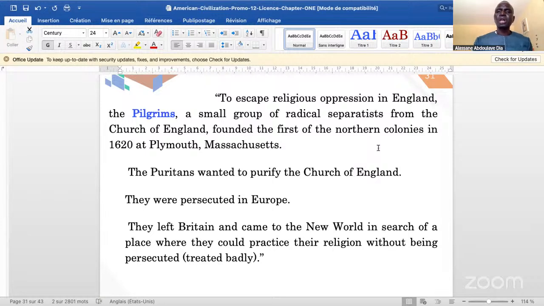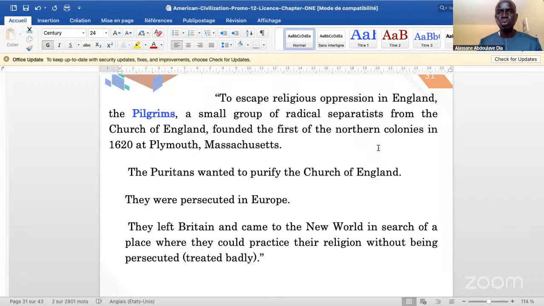To escape religious oppression in England, the Pilgrims, meaning le pèlerin, a small group of radical separatists from the Church of England, founded the first of the northern colonies in 1620 at Plymouth in Massachusetts. So a colony was founded in Massachusetts, but that colony was established by the Pilgrims. Who are the Pilgrims? The Pilgrims are religious people.